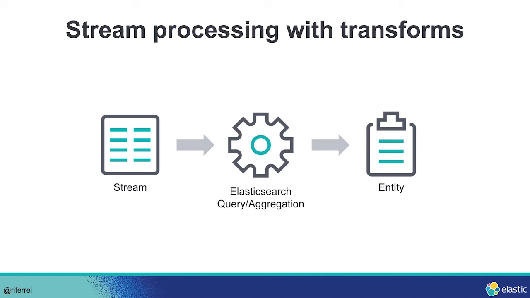And in a transform, you can use whatever querying and aggregation feature Elasticsearch supports. The only condition is that you are going to generate what we call an entity-centric index that ultimately is going to be used in Kibana for analysis purposes. So the beauty of transform is that it scales transparently with your cluster.